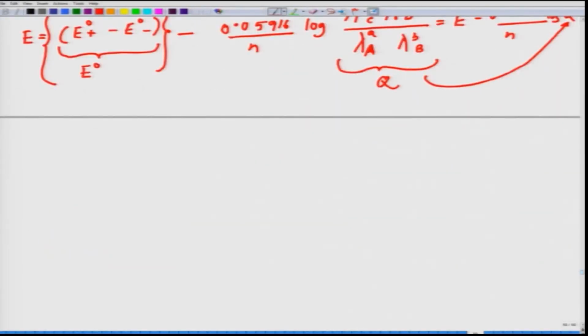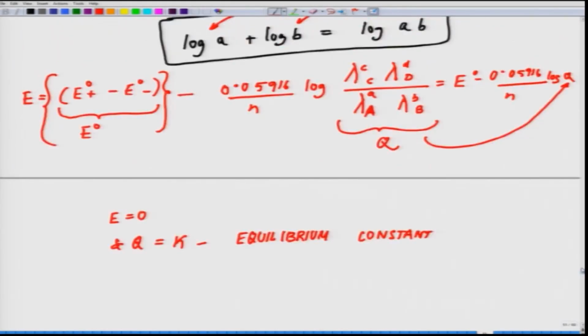So, in a special case when E equals 0 and Q is equal to K, that is where you are trying to find the equilibrium constant, because mind it, these are different kinds of reactants which are involved in this whole process.